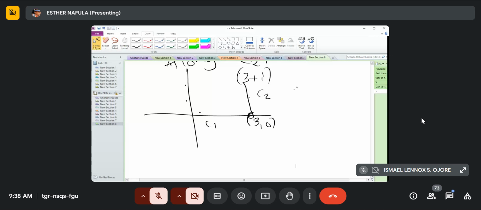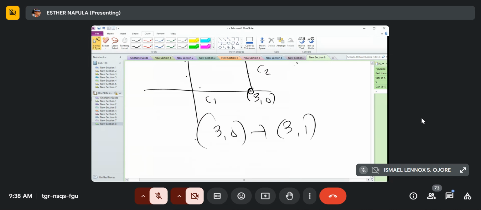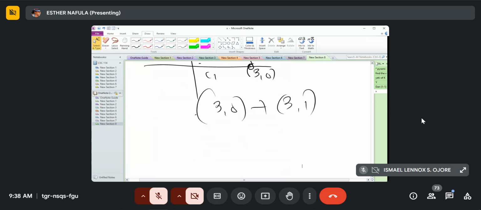What is changing? What is remaining constant? So 3, 0 to 3, 1. If something is a constant, then the derivative will be equal to 0. So we concentrate on the other variable. From 3, 0 to 3, 1, what is changing? What is not changing? What's a constant?